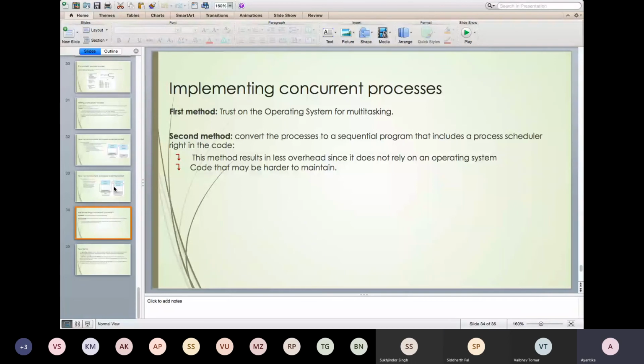Operating system is nothing but a program, a set of instructions. These instructions control this message passing, defining the protocols, sharing of data, everything. So this operating system is helping you in your multitasking.